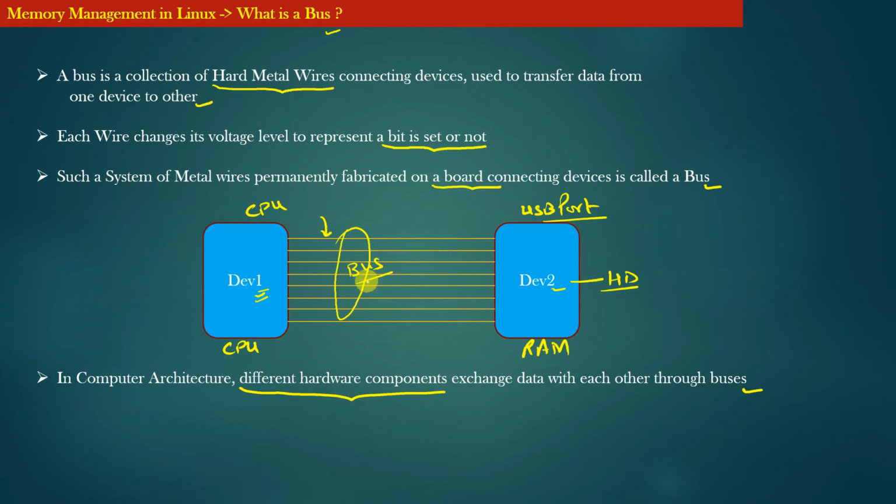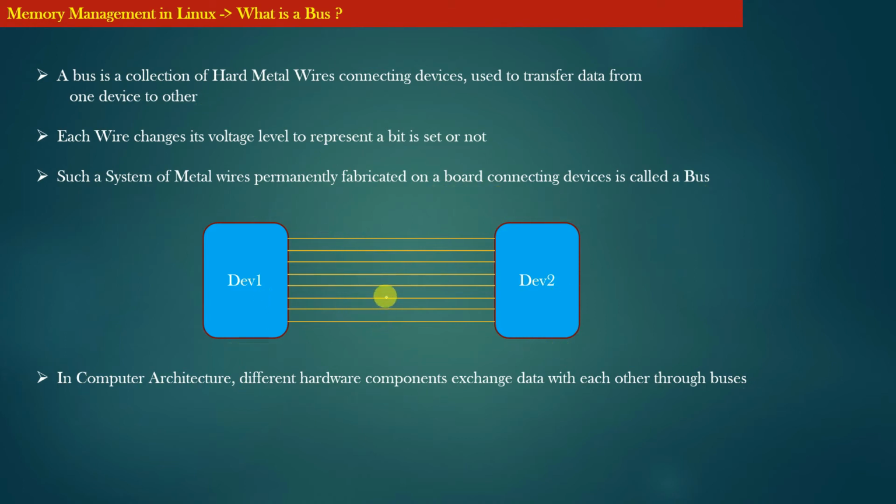Now let us try to understand how a bus carries data from one device to another. Suppose device 1 wants to send some data to device 2. As per the data, device 1 will set the voltage levels on these metallic wires to high or low.